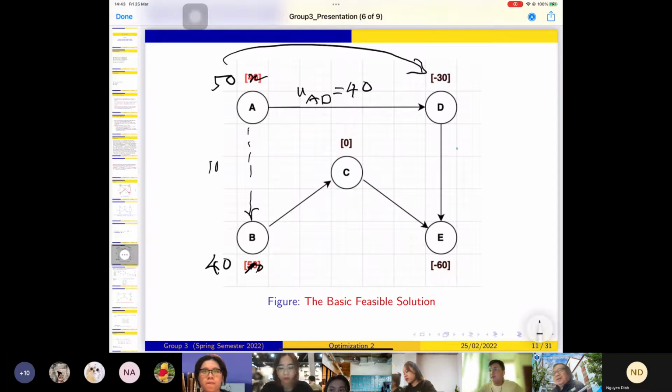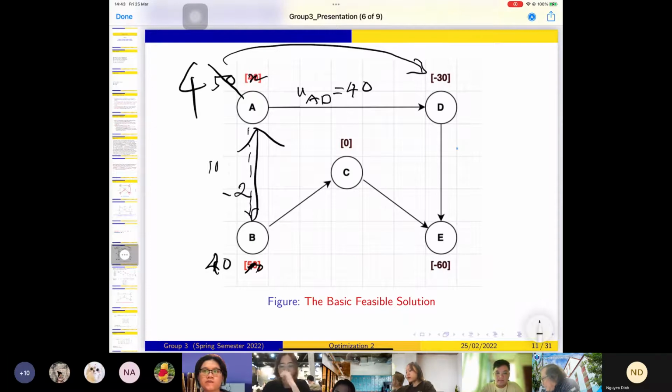Is that okay? And when we move 10 to here, then you cannot move it anymore, and then it becomes converse. And then C equals -2. Is that okay? And here is 40, and here becomes 50. Then everything is okay. I agree with you.